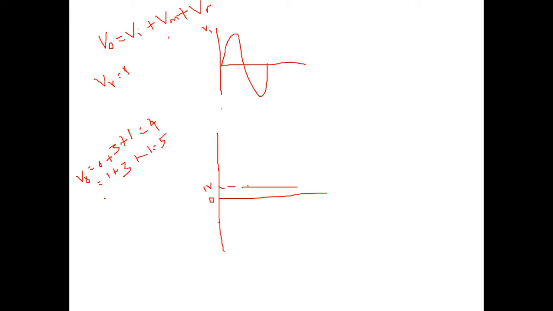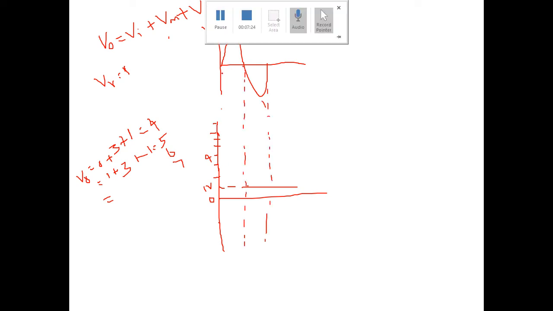If my input voltage is 2, then it will be 6 volt. If it is 3, then it will be 7 volt. So during the positive half cycle, the output voltage varies from 4 volt to 7 volt.